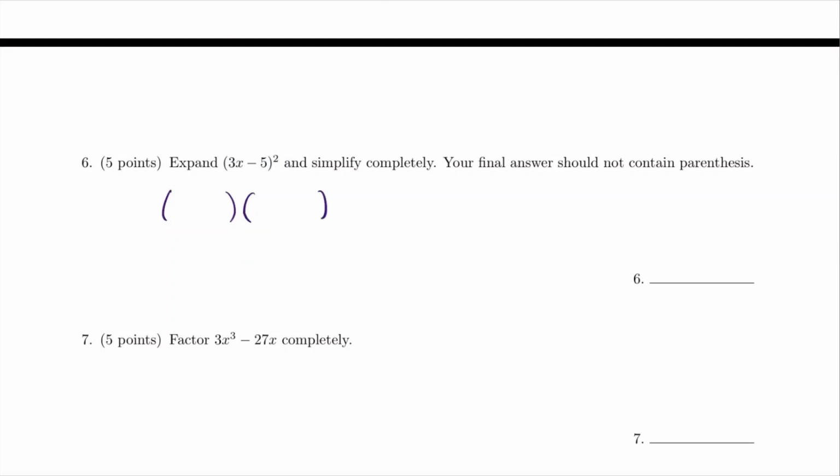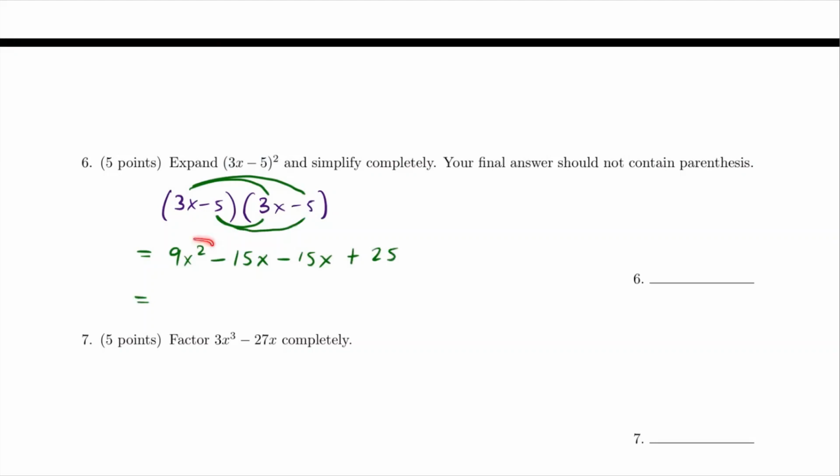So you rewrite 3x minus 5, 3x minus 5, and then we distribute. 3x times 3x gives you 9x squared. 3x times -5 is -15x. Then -5 times 3x is another -15x, and then -5 times -5 is +25. And then again, you combine like terms.